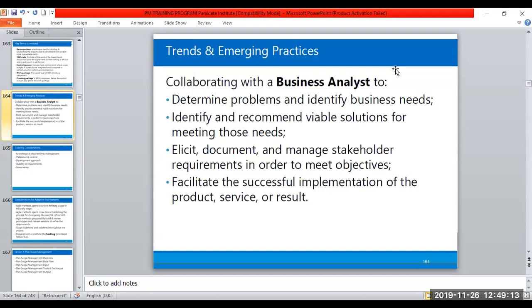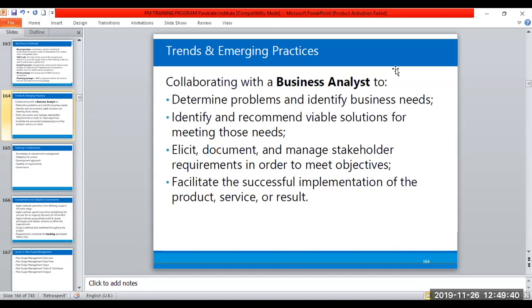So the trends and emerging practices are that business analysts are working in collaboration with project managers to determine problems and identify business needs, identify and recommend viable solutions for meeting those needs, and elicit, document, and manage stakeholder requirements in order to meet objectives, facilitate the successful implementation of the product, service, or result.